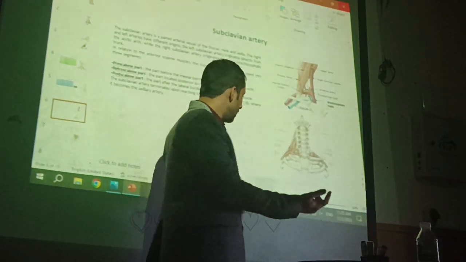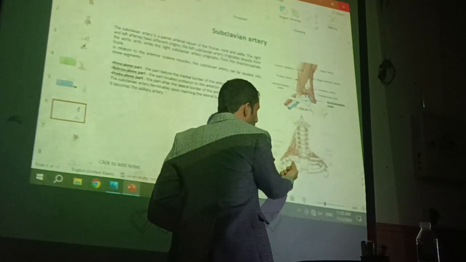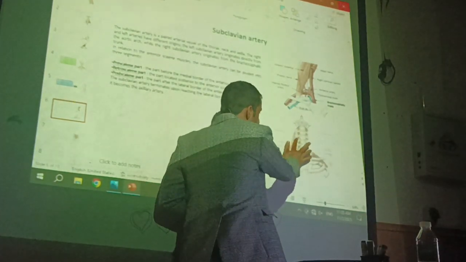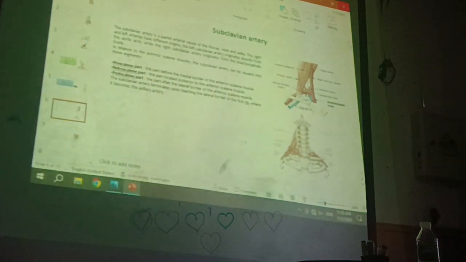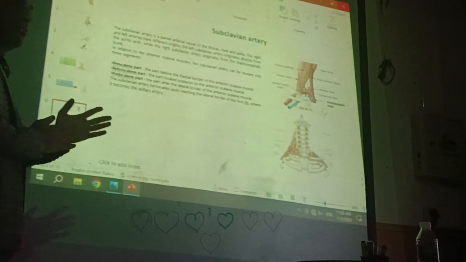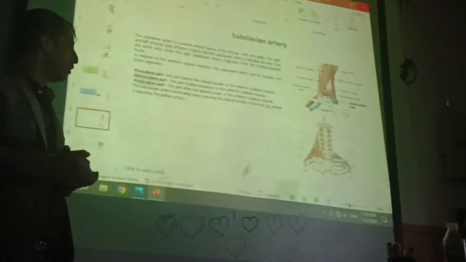The costocervical trunk is derived from the second part, just posterior to the anterior scalenus muscle. Okay? This exception is for the branches of the subclavian artery.